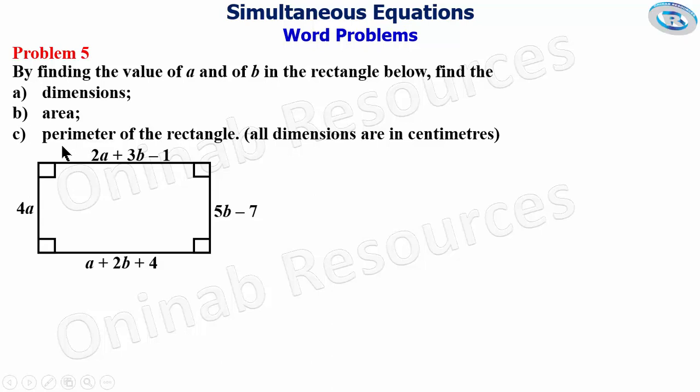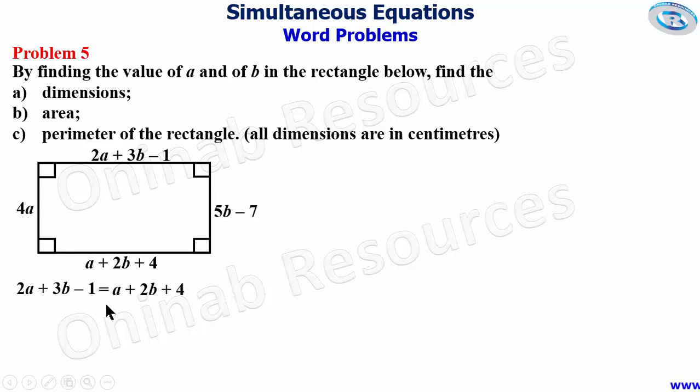So we equate the length. We have 2a plus 3b minus 1 is equal to a plus 2b plus 4. Then collecting the like terms, this a will come here. That's 2a minus a, because when this a comes here, it becomes minus.